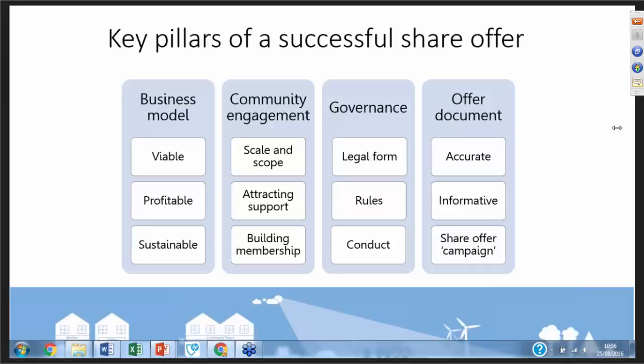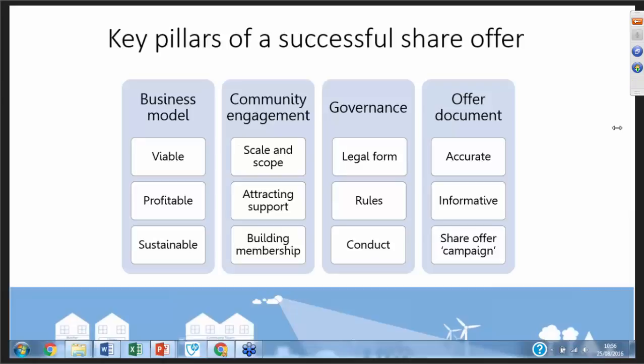If you're doing a share offer, it's like a campaign. So you really need to think about how you're going to make a success of your share offer. Raising share capital from the local community is only going to work if you have their full support. And enterprises need to understand the scale and scope of the community that they're trying to appeal to.